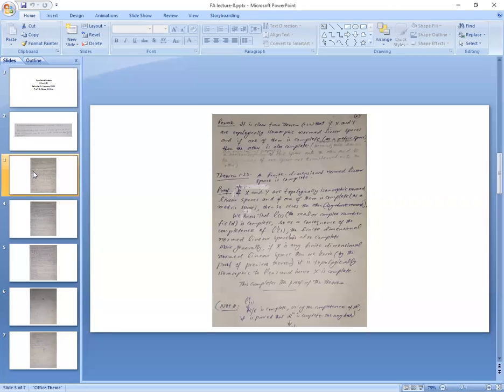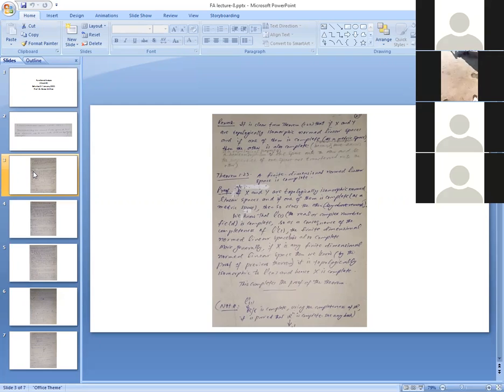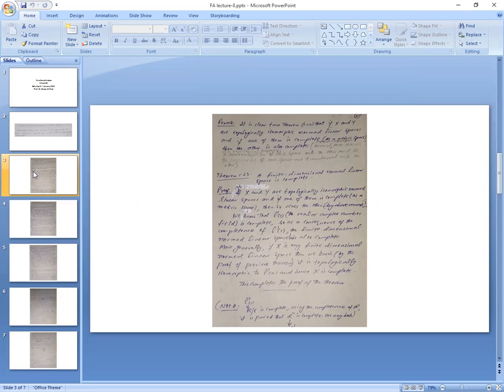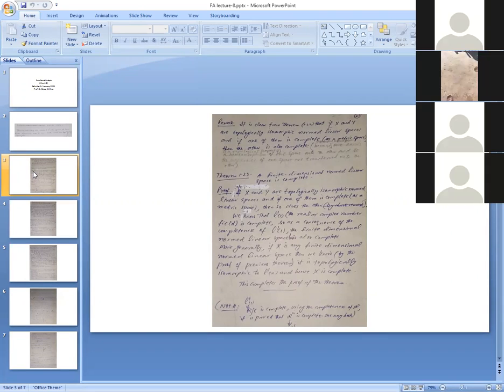And when two spaces are topologically isomorphic, if one of them is complete, so is the other, because topological isomorphism satisfies this topological property.